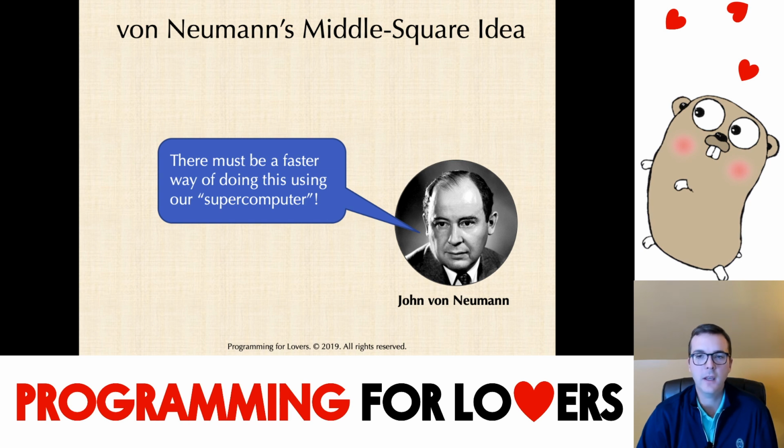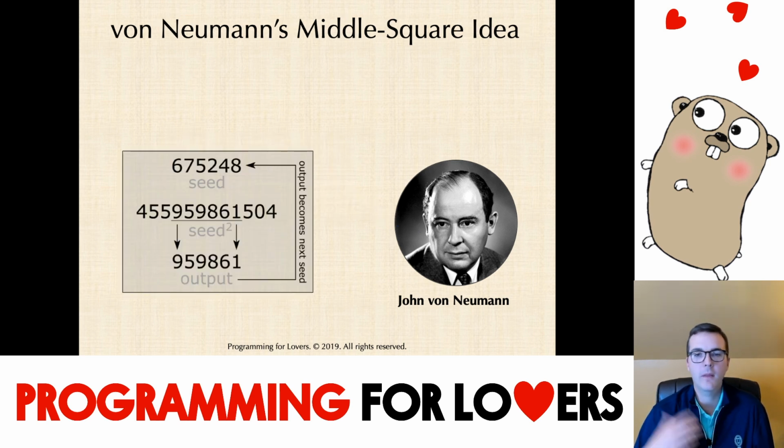His thinking was, we've got a missile targeting supercomputer, and partly because there was an application of this with respect to nuclear arms, generating random digits is this general idea, and there must be a faster way of doing this using our state-of-the-art supercomputer rather than having to essentially play roulette 1 million times. And so he had an idea called the middle square idea. The way that approach works is to say, well, say that we're generating 6-digit random numbers at a time.